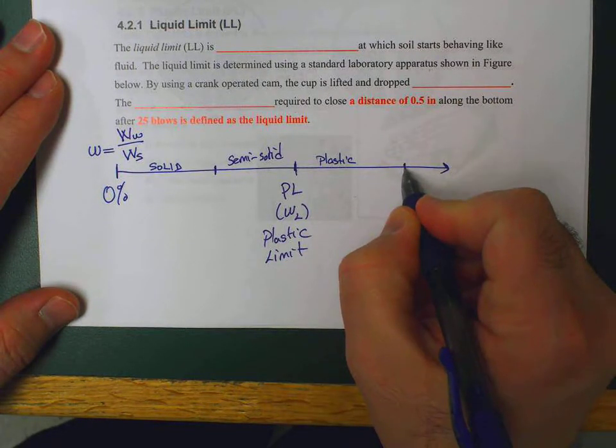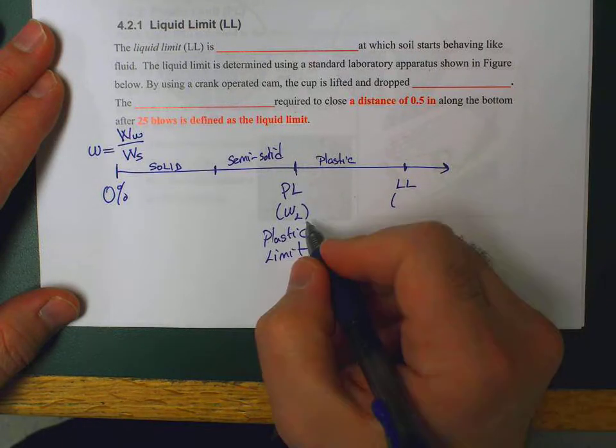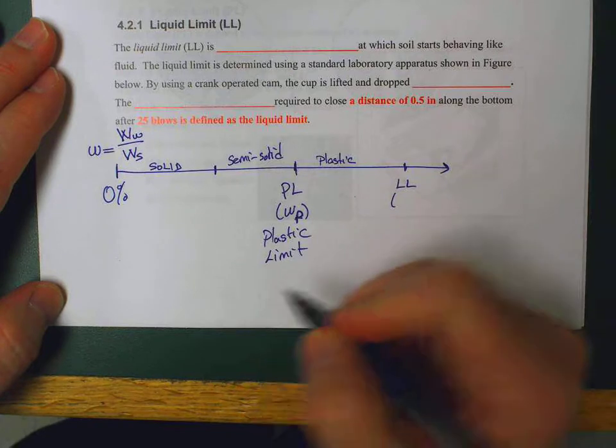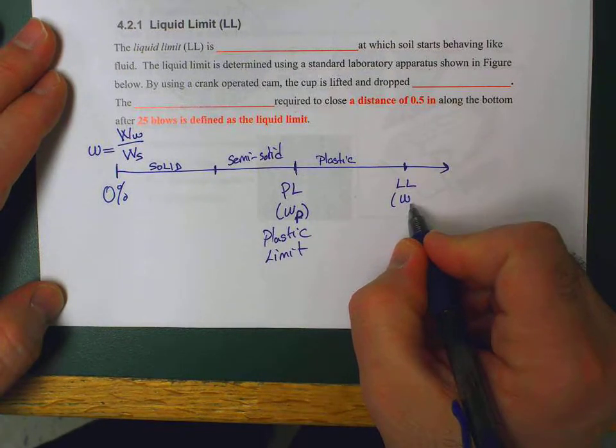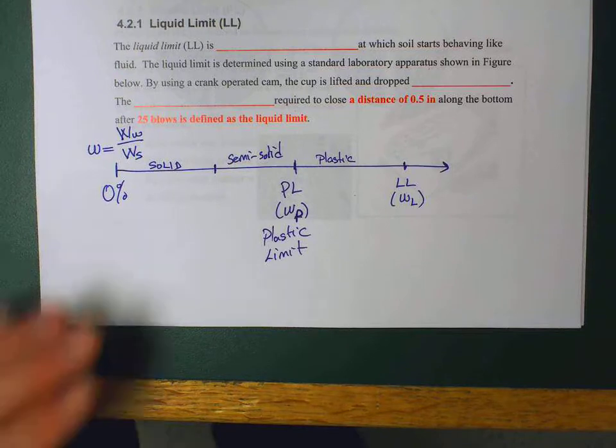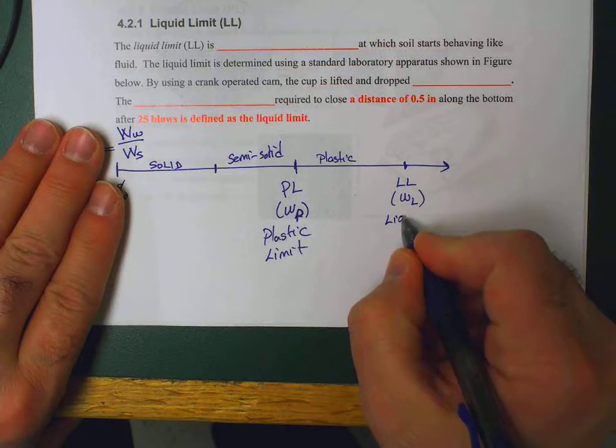Then at some point comes W sub L, the liquid limit, or LL. Different books and different people use different acronyms for this, but LL and PL are very common. So this is the liquid limit.